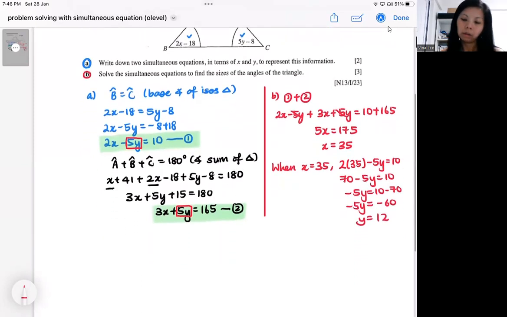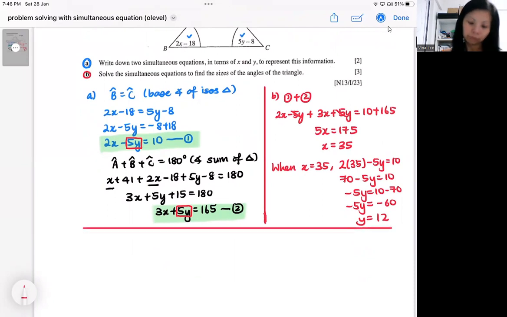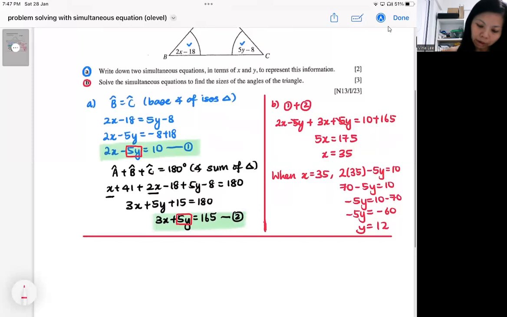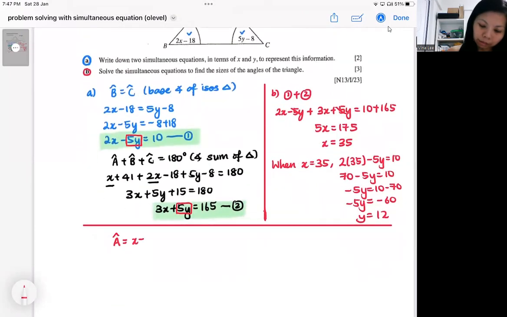So you got the x and y, and then your job is to find the angle. So how are you going to find the angle? Remember to answer the question. A lot of people will forget. So I'm going to find my angle A. Angle A is x plus 41, which you already found your x.